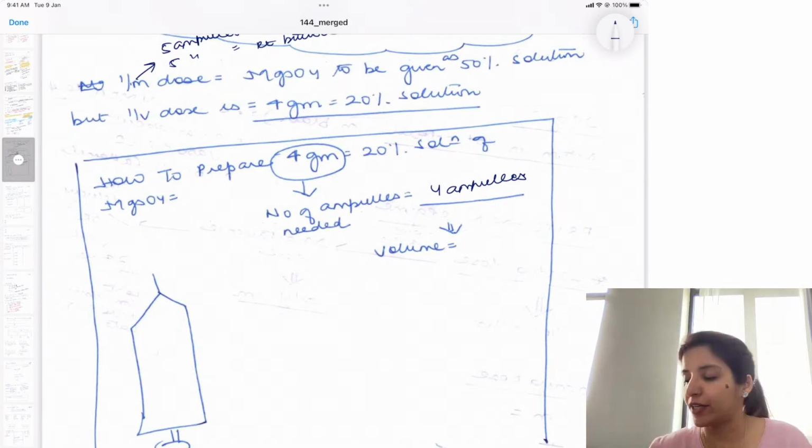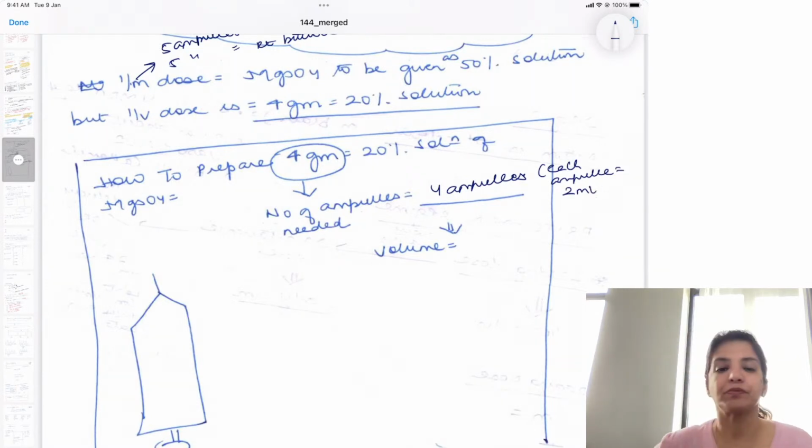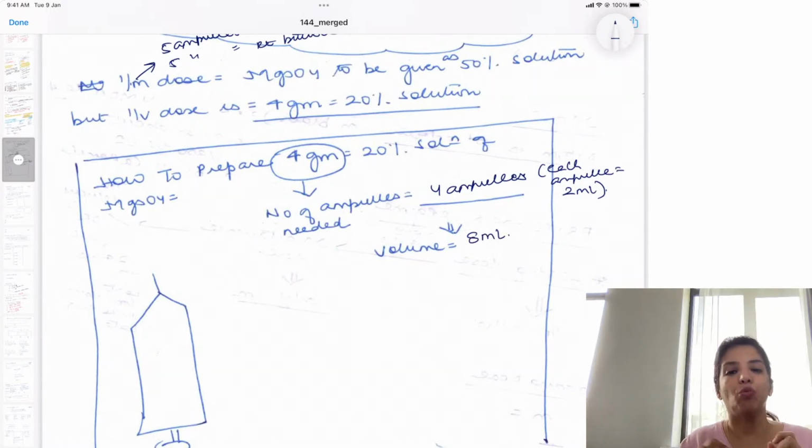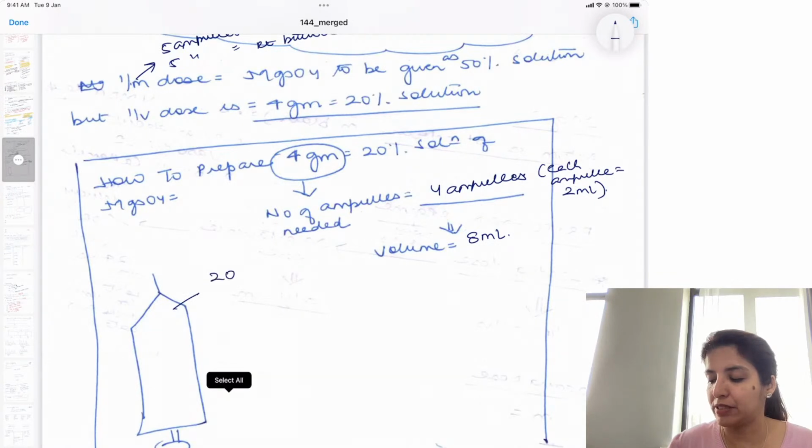अब ये जो 4 ampules हैं जिसमें 4 grams magnesium sulfate है, इनका वॉल्यूम कितना है? Each ampule I told you is 2 ml. Each ampule is 2 ml. So 4 ampules means 8 ml. So what I am going to do is, I am going to take a 20 ml syringe.